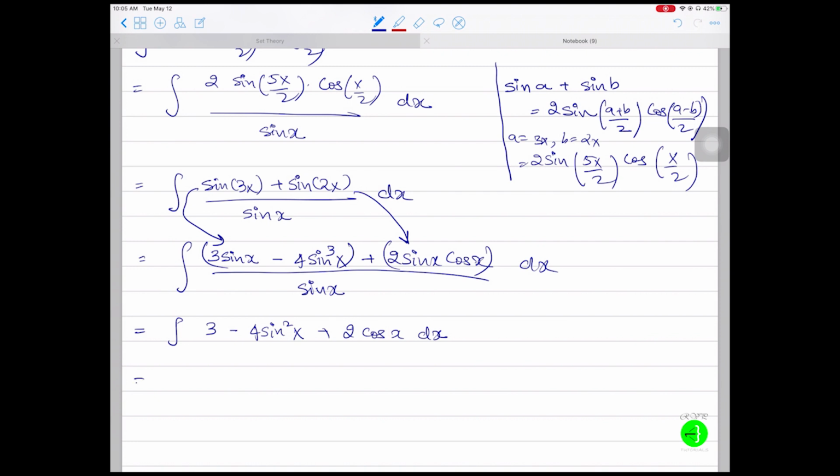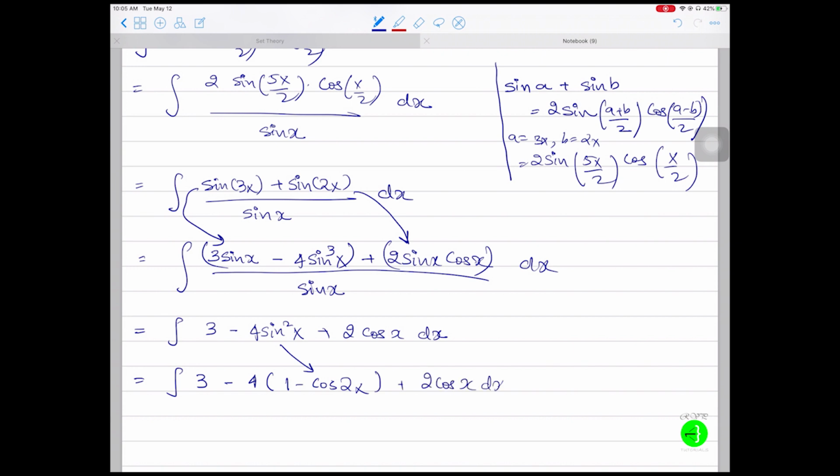Now we know that sine squared x is 1 minus cosine 2x over 2. Again, remembering these trigonometric identities is really important for integration and differentiation. So we substitute 1 minus cosine 2x over 2 instead of the sine squared x, plus 2 cosine x dx.